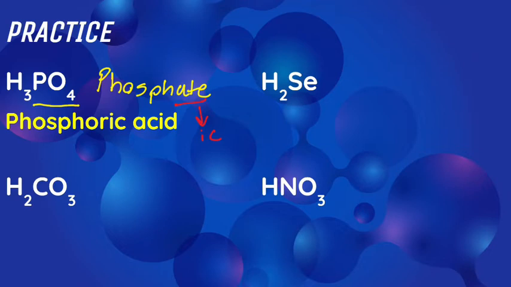Now, looking at our H2Se. All right, so first thing, it does not have oxygen. So no oxygen, we are going to use the prefix hydro. Now, we're also going to have our Se, which is going to be our selenium.